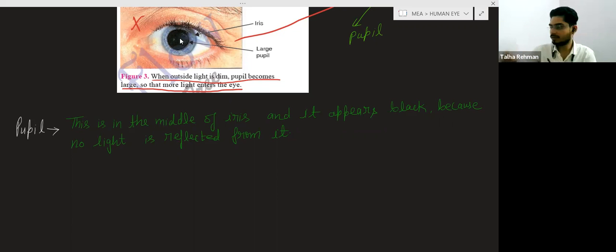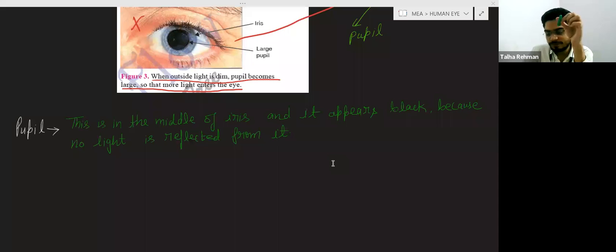You can take any other example. This cap of the pen is looking green. Why? Because white light is coming, and all of the colors are absorbed by this cap.